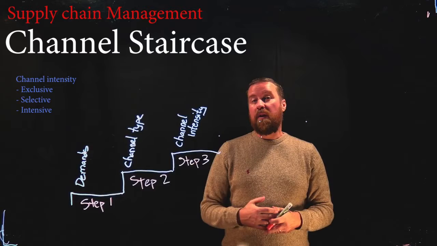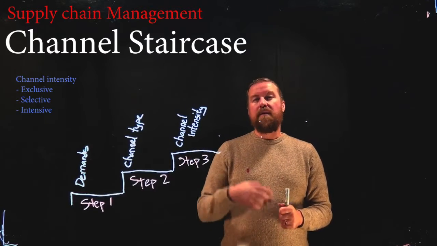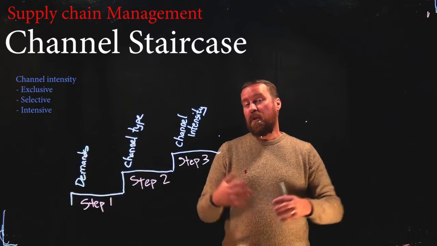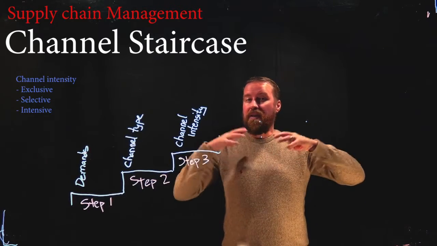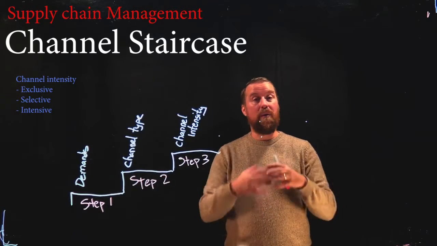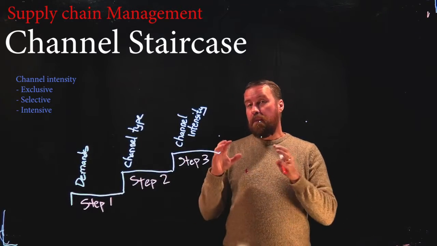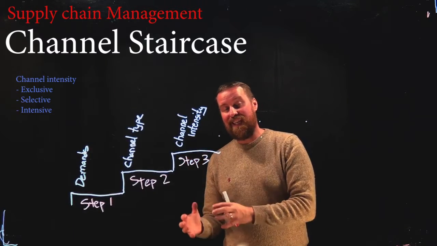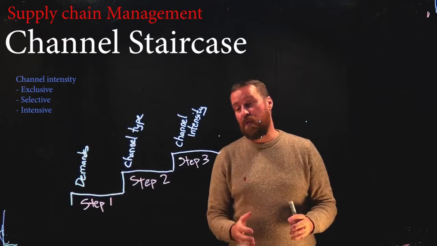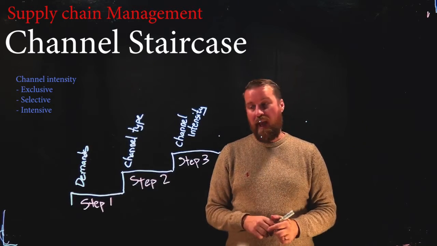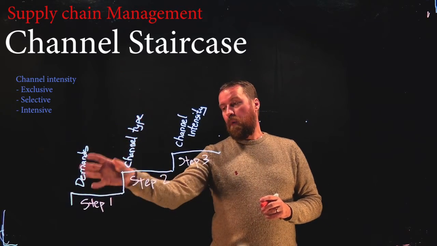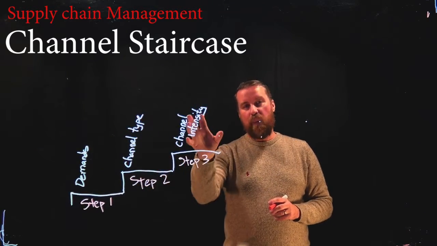It could be that we, as I mentioned before, only have it available at brand stores in big city centers, but it could also be that we say, hey, we need to have it placed all over the country, all over the region. Do we have what's called an intensive, or do we have a selective or exclusive distribution? That's what we're looking at here in our channel intensity. So, what should it be? How should it be? Where should it be?